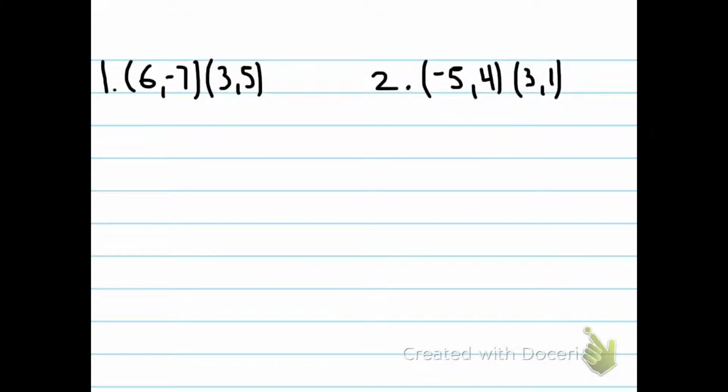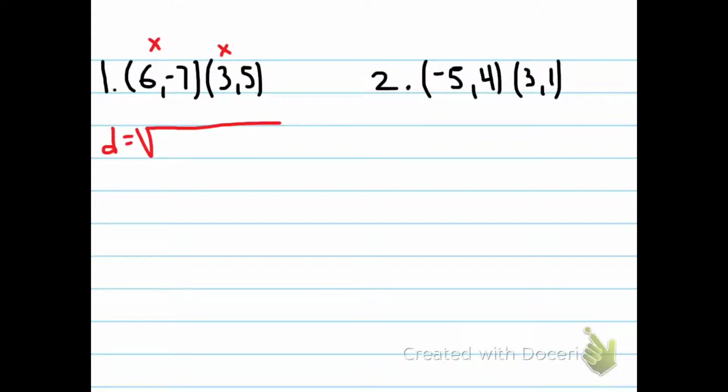So what I do is first plug in everything. So d equals the square root of x1 minus x2. It doesn't really matter if you put the 6 first or the 3 first, because you'll square whatever you get after you subtract them anyway.